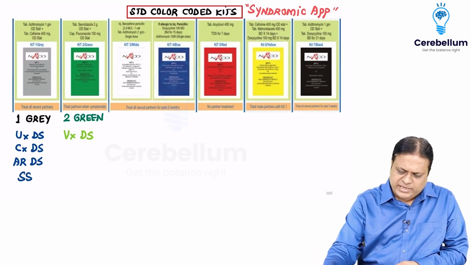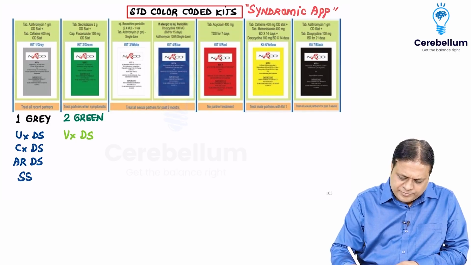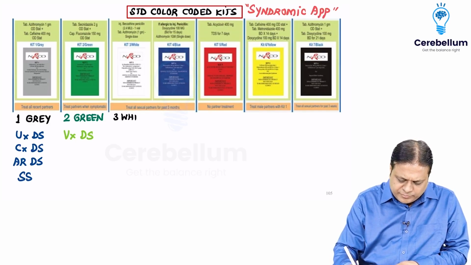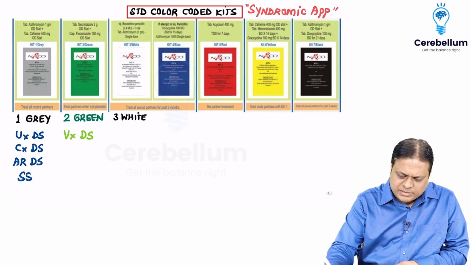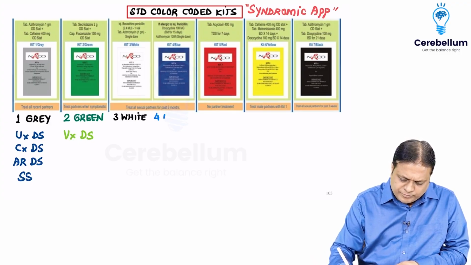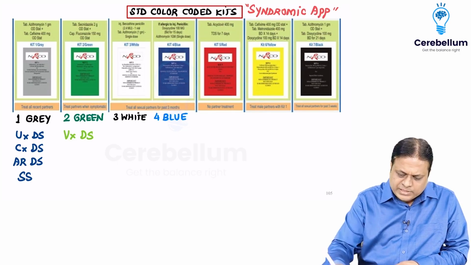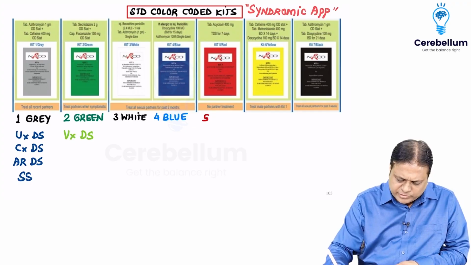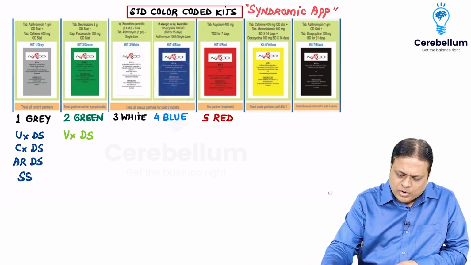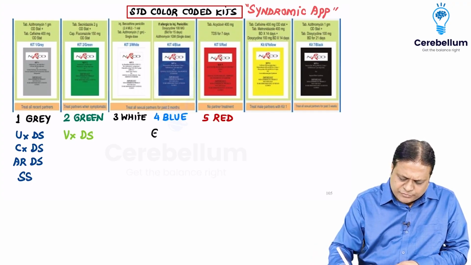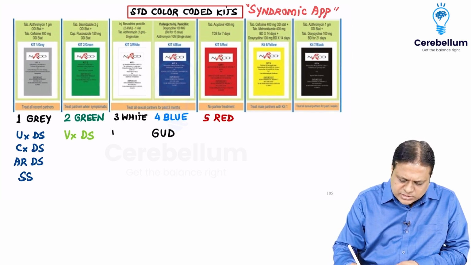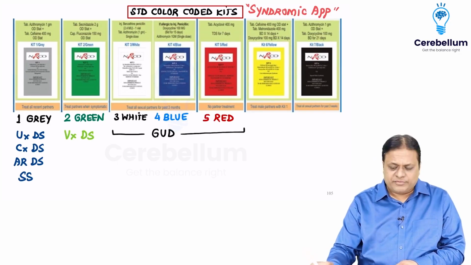When we look at kit number 3, white. Kit number 4, blue. Kit number 5, red. All 3 of them are for genito-ulcerative disease. So what is the difference?